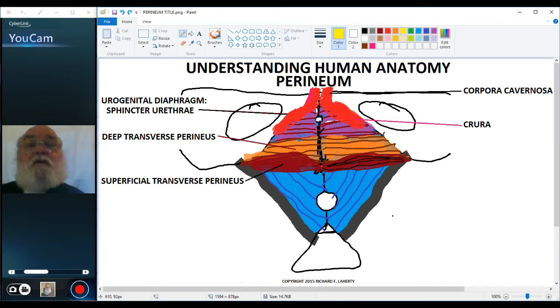There is another erectile body in the penis, a ventral one, that contains the male urethra. That is the corpus spongiosum, and its anchoring structure, the bulb. And I'm drawing that in yellow. And I'm trying to color it in right here.